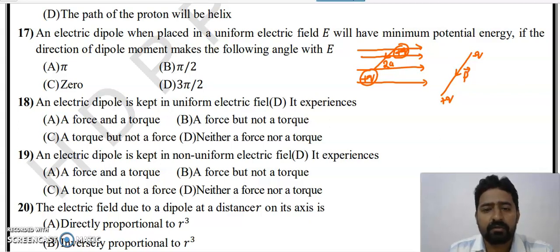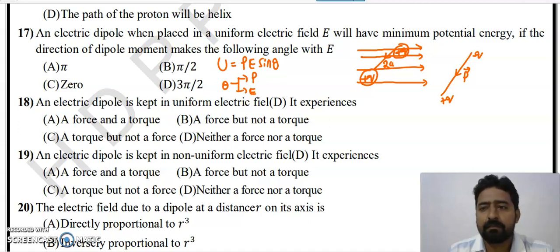Then we know the equation: energy is equal to PE sin theta. What is theta? Theta is the angle between the electric dipole moment and the electric field. Now we have to put minimum, as they said.